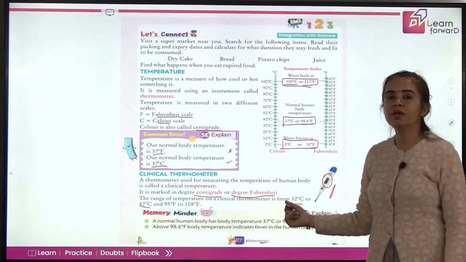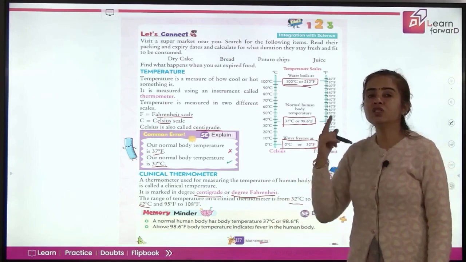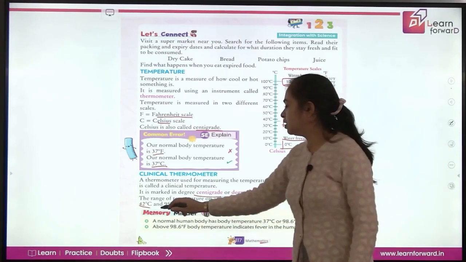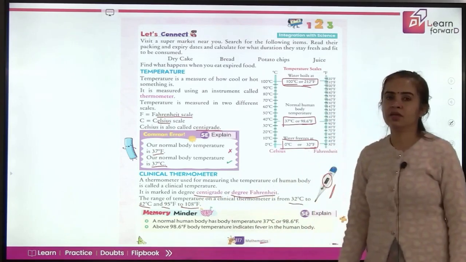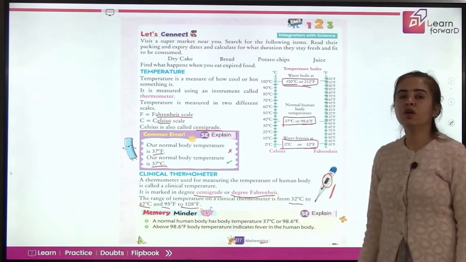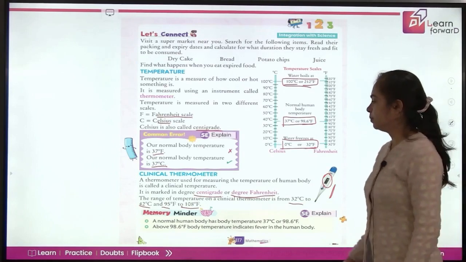But if you compare that in Fahrenheit, it starts from 95 degrees Fahrenheit and it goes up to 108 degrees Fahrenheit. So this is the range of your clinical thermometer.